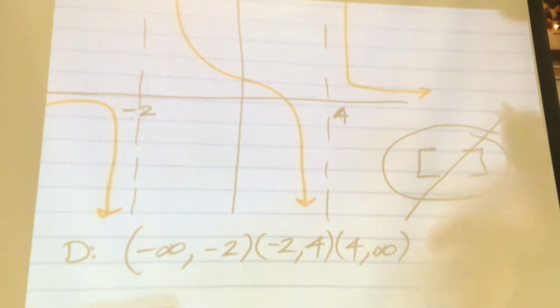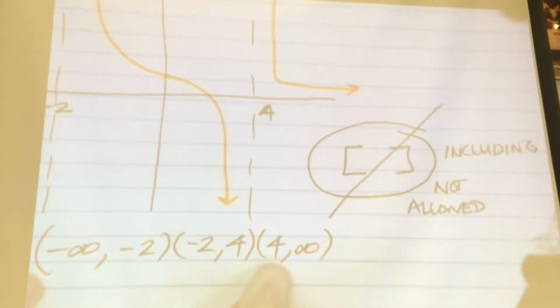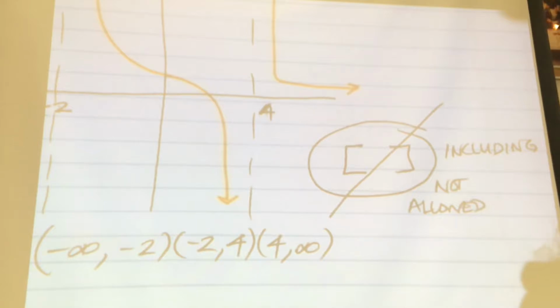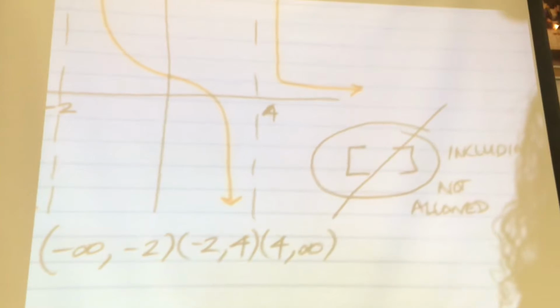So this is not allowed because this means including, and you don't want to include. You want excluding. That's what these parentheses are for. So on the test, I have an answer that looks like this, and not to be mean, but I have another answer, and the little brackets are there. And I'm going to see if you fall for it. It's not brackets, it's parentheses.